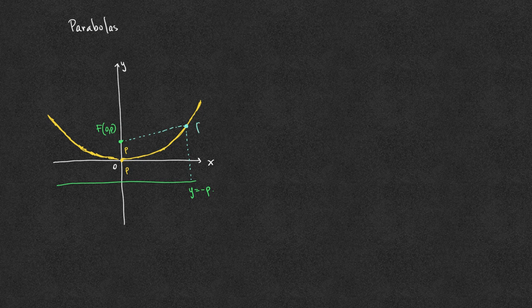And so if this point P(x, y) is a point on the parabola, then the distance from P to F has to be the same as the distance of the line segment if we were to draw the line segment from the point P perpendicular to the given line. We will call this distance PL for now.